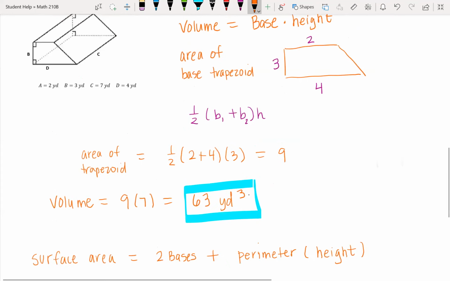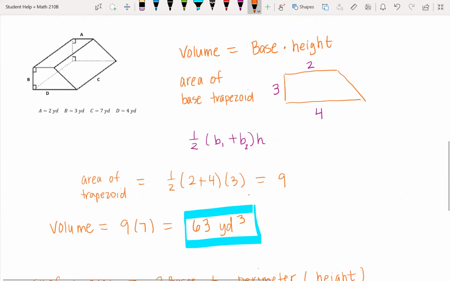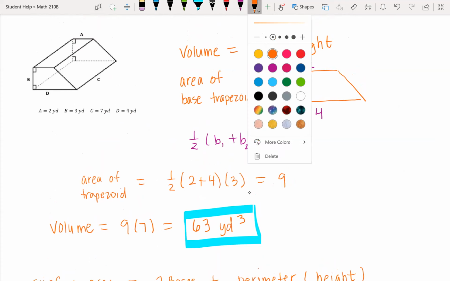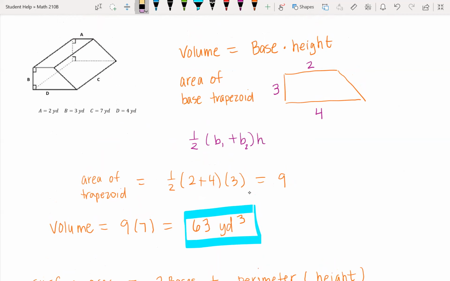So we need to figure out the perimeter of this hexagon, or sorry, trapezoid. I'm going to redraw this picture and draw it more to scale so we can look at it better. Let me erase this for a second. Let's make this shorter.